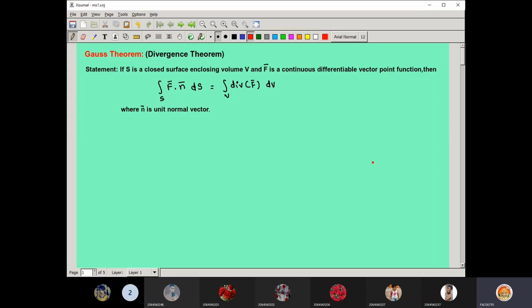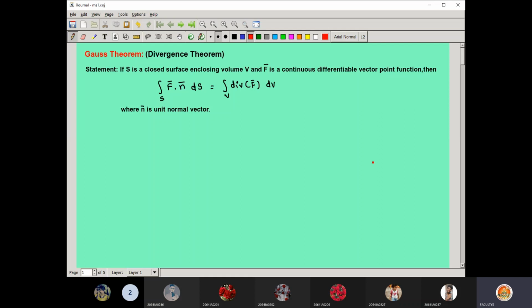Whatever plane you take for the surface integral, its perpendicular vector is the unit normal vector. Suppose you take the xy plane, its perpendicular axis is the z axis. Its corresponding vector is k. So n bar equals k. This is applicable only in Stokes theorem, not in other cases.